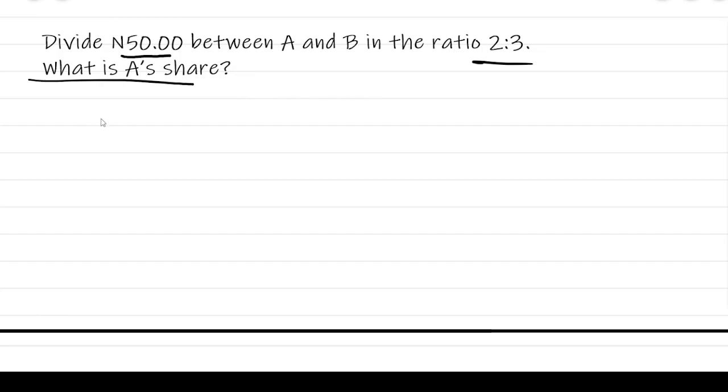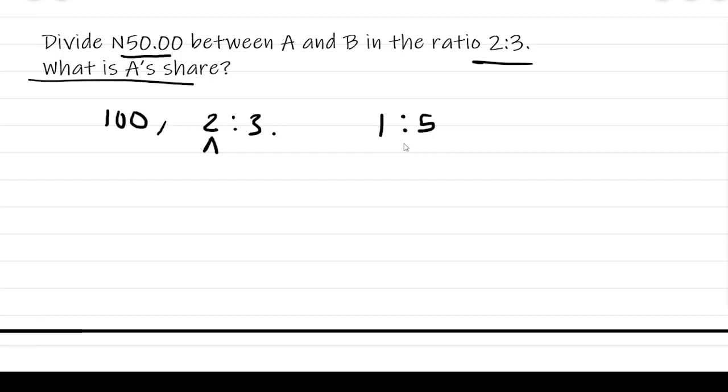Let's say you are given 100 naira first of all, and you have to divide it between two people in the ratio 2:3. What they mean is that if A got 40, B should get... let me give a simpler ratio here. Let's say we divide in 1:5.